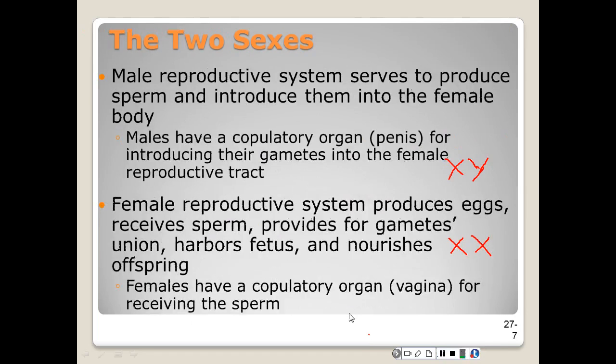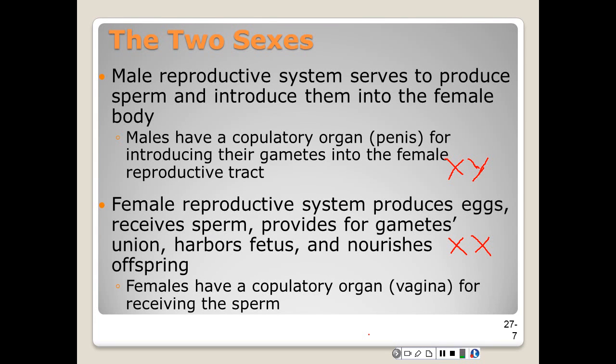The male reproductive system serves to produce the sperm, which is introduced into the female body. The male has a copulatory organ, which is called the penis, and it introduces these gametes into the female reproductive tract.